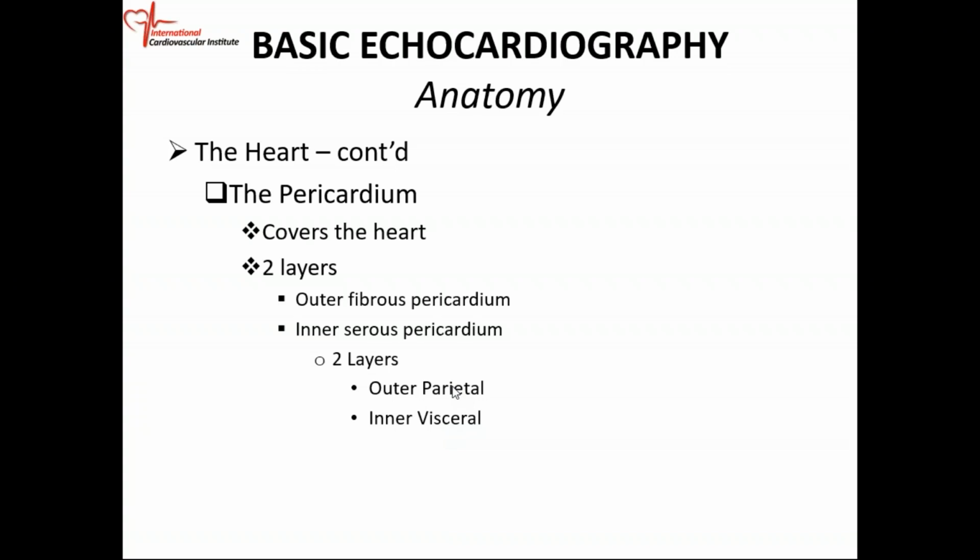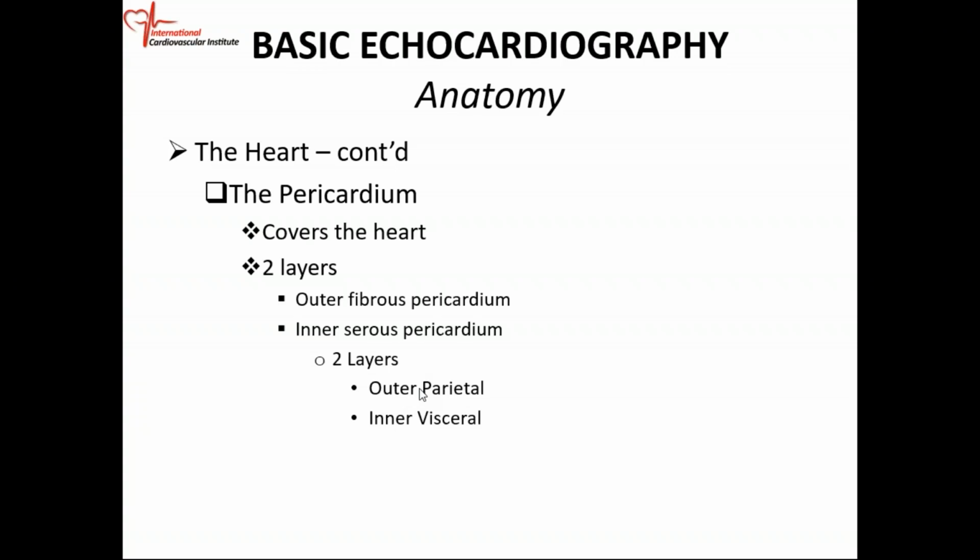When we talk about pericardial effusion, which is a common finding when you're doing imaging or ultrasound of the heart, the fluid usually accumulates between the outer parietal and the inner visceral. So the visceral pericardium is on the surface. It's intimately in contact with the outer surface of the heart. The outer surface of the heart we call the epicardium, and the parietal pericardium is just outside of that.